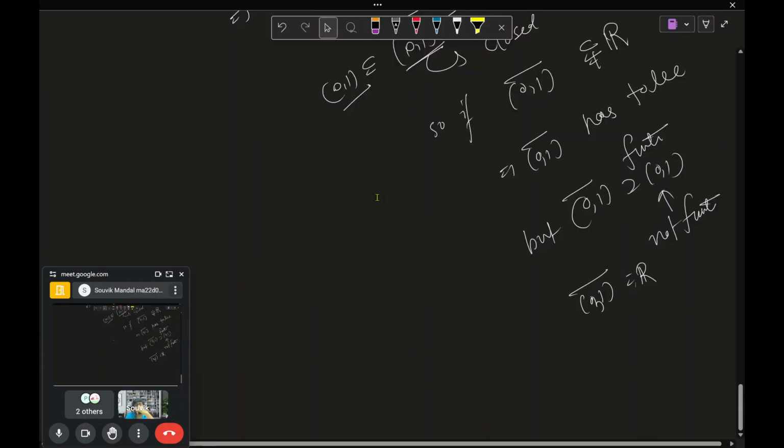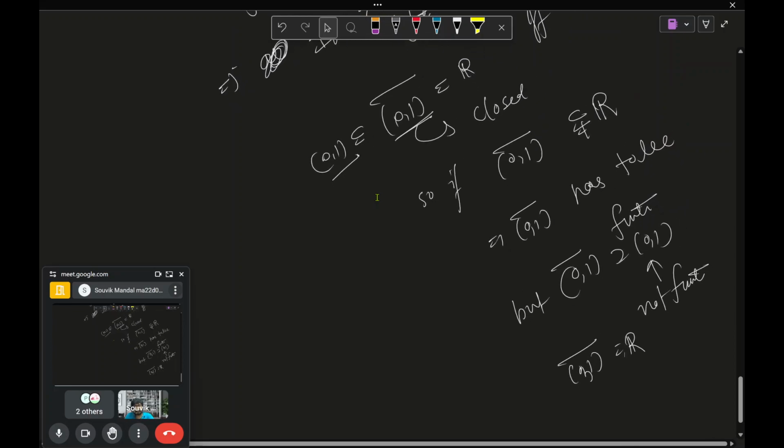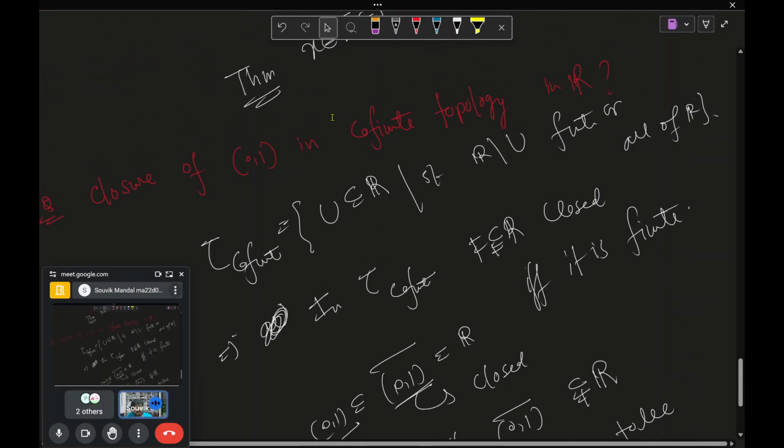Sir, the first question itself: can we define a norm over any vector space? Once again we are discussing this question. First tell me, do you understand this argument?